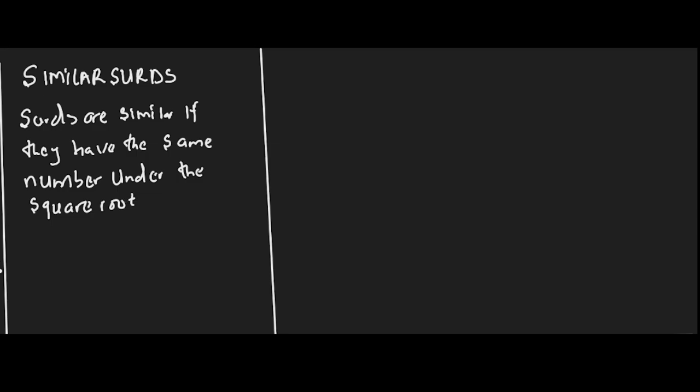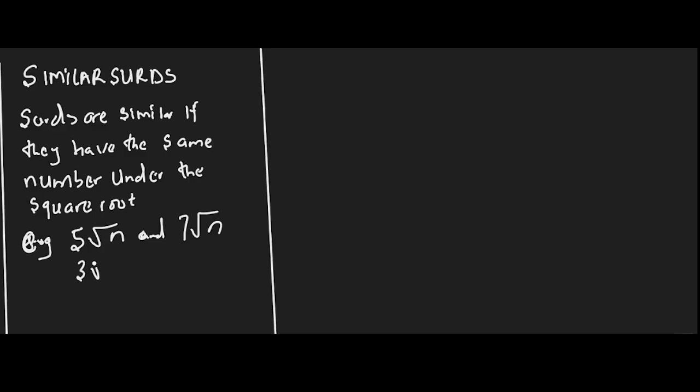E.g. now, 5 root n and 7 root n are similar surds. Why? Because they have n here under the square root. So they are similar surds.